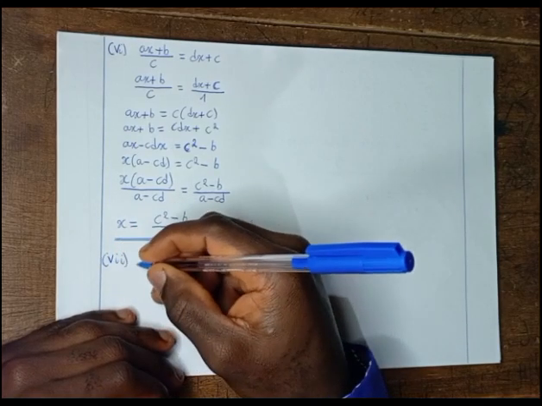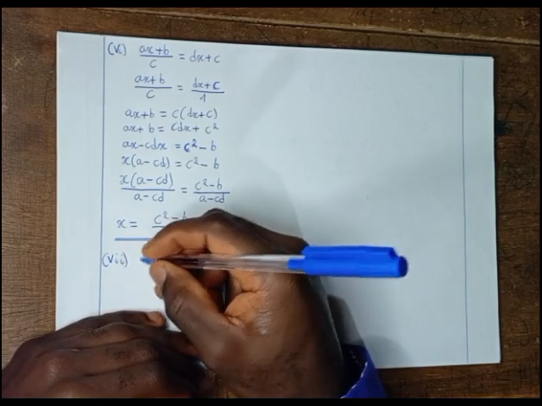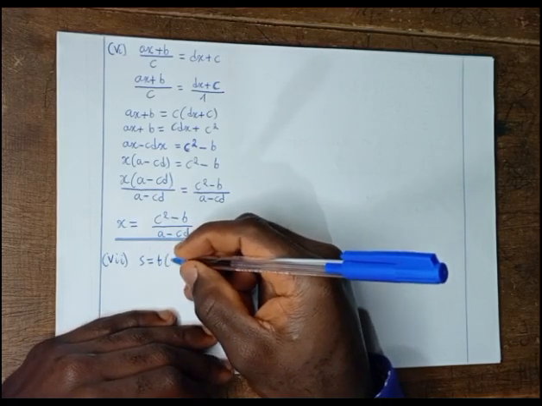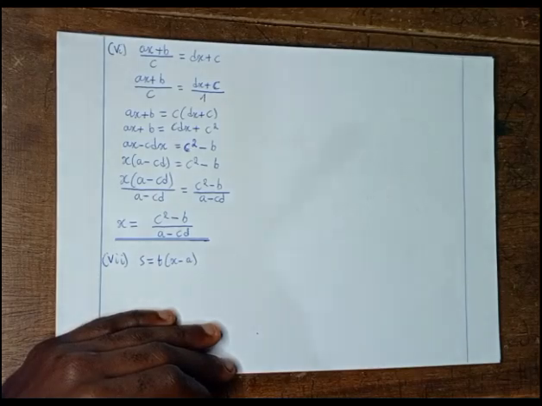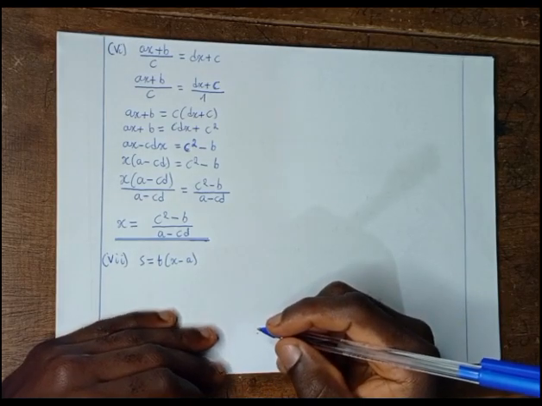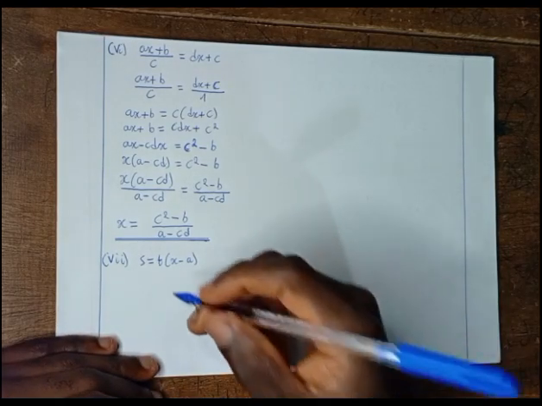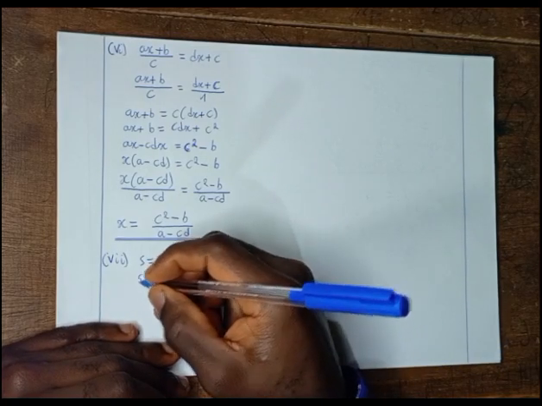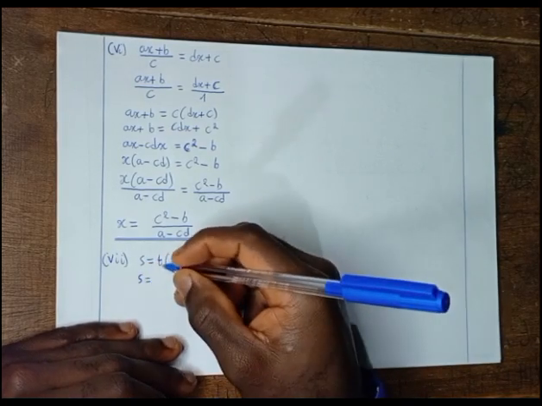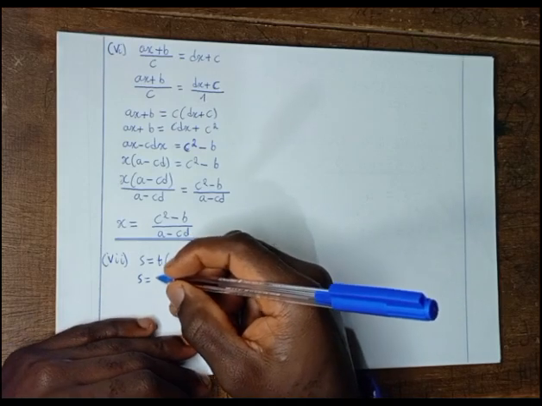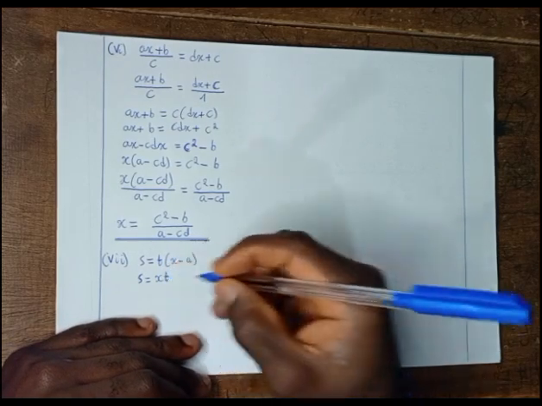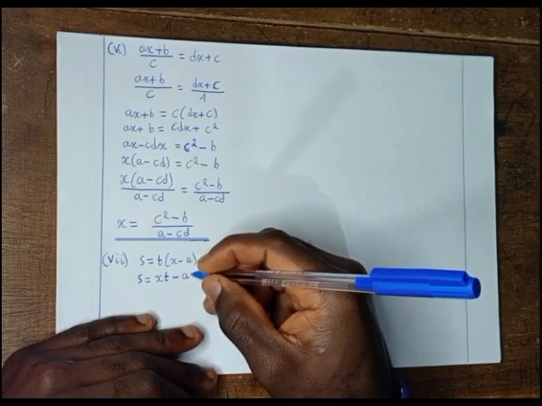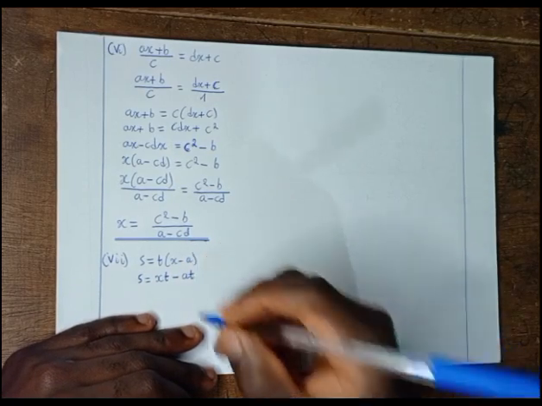For v, we have the equation s equal to t times x minus a. We have to make x the subject of formula. The first thing we need to do is expand the bracket at the right hand side. We are going to obtain s equal to t times x, which is xt, minus t times a, which is negative at.